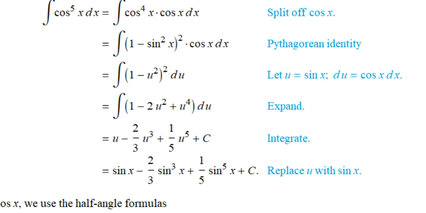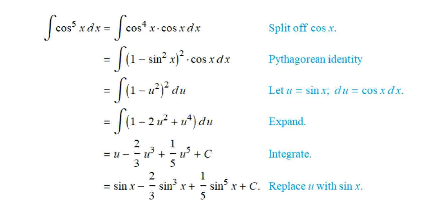Now here's the trick. We actually did this back in Calc 1, the substitution. This calls for a substitution. So the trick is to isolate one cosine x. The remaining cosine x to the power 4 can be written as cosine x squared, squared.